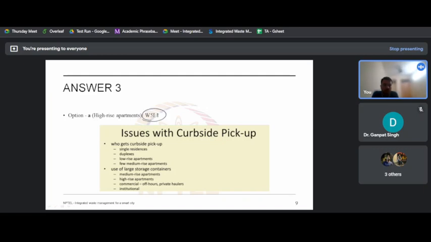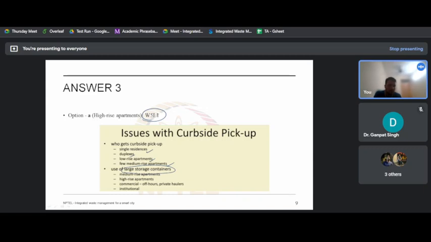So who gets curbside pickup? That is, the vehicle would come and collect from the front of your house or the backyard itself. That will be single residence, duplex, low-rise apartments, and medium-rise apartments. But when we talk about large storage containers, this will not generally be curbside.